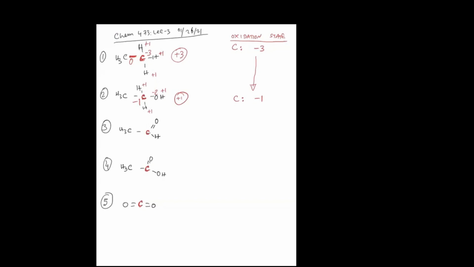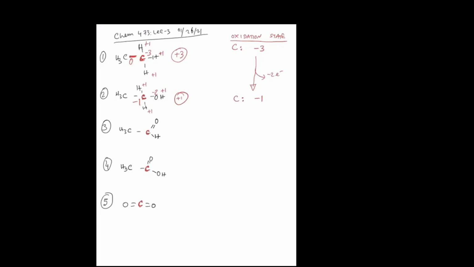It was oxidized, because the charge is higher. So it's oxidized by how many electrons? Two. So we lost 2 electrons going from ethane to ethanol.